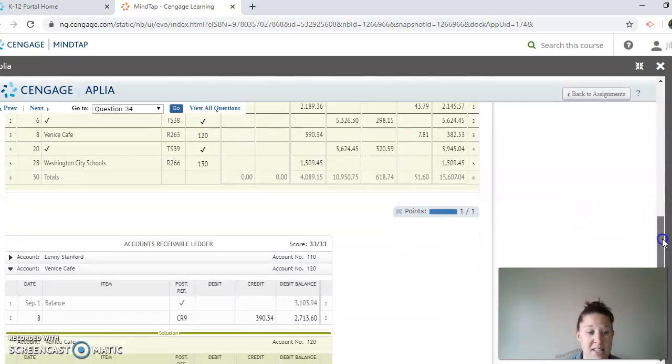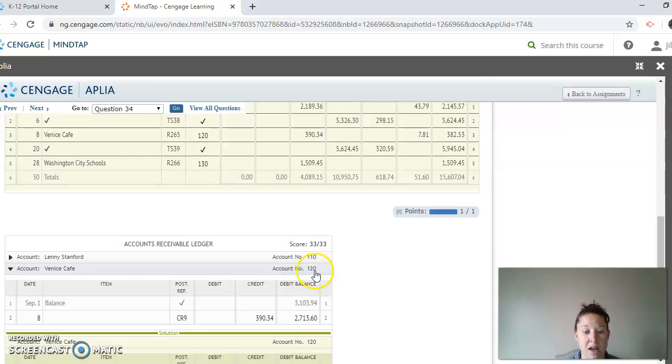We next have Venice Cafe. So if you look at Venice Cafe on the 8th from cash receipts journal, page 9, it's a credit. All accounts receivables are credited, so $390.34. Debit and a credit means that we're going to subtract. So the updated balance is $2,713.60.